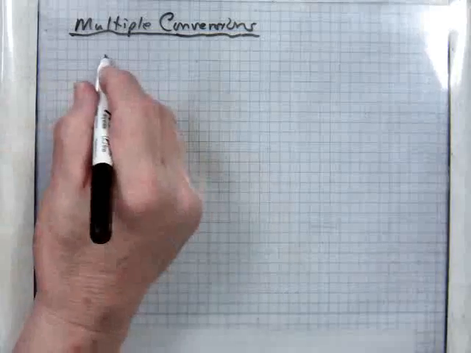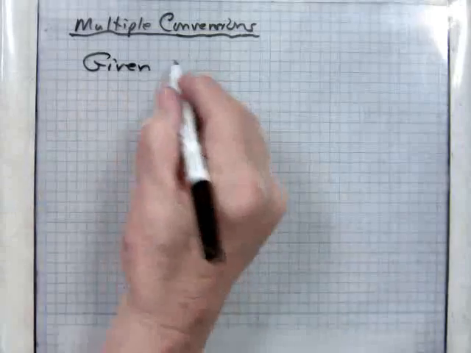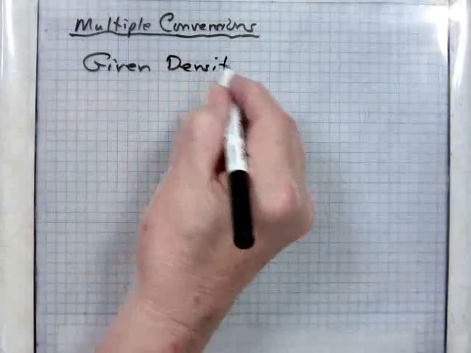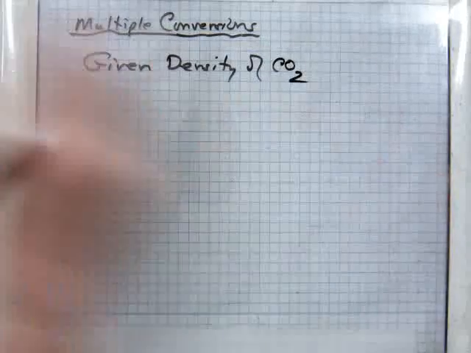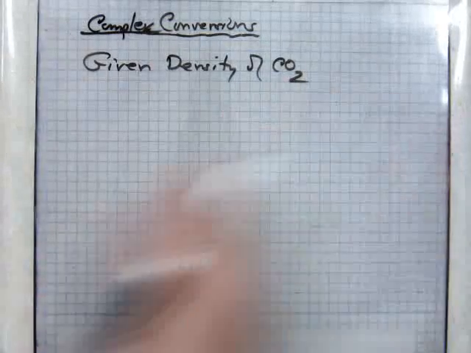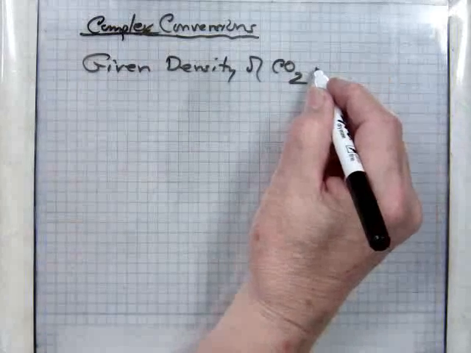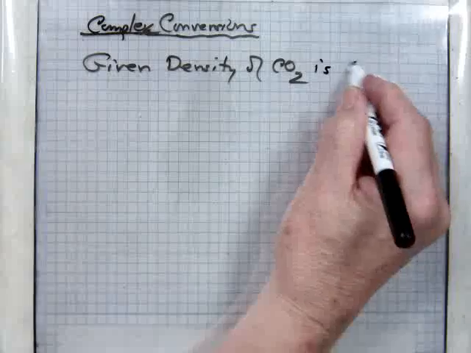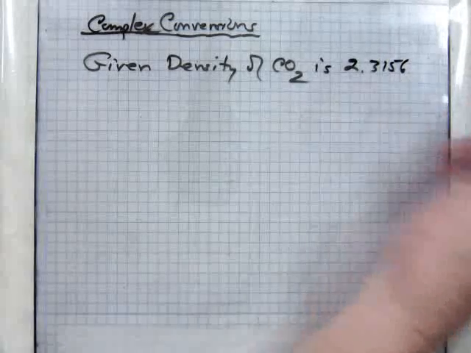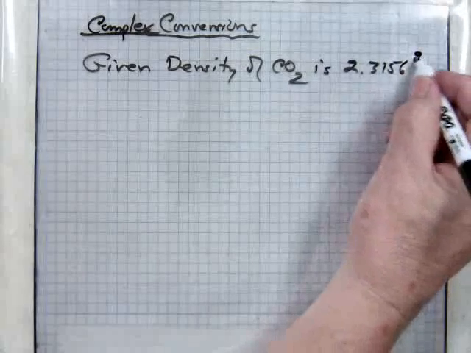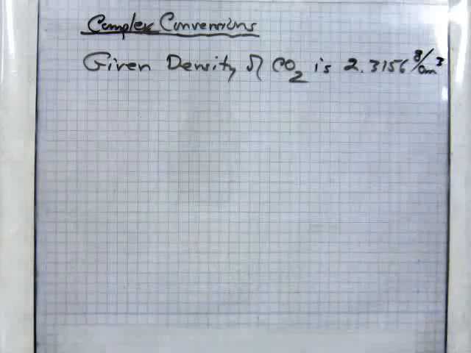Let's say you're given the density of CO2. Given the density of CO2 is 2.3156 grams per cubic centimeter.